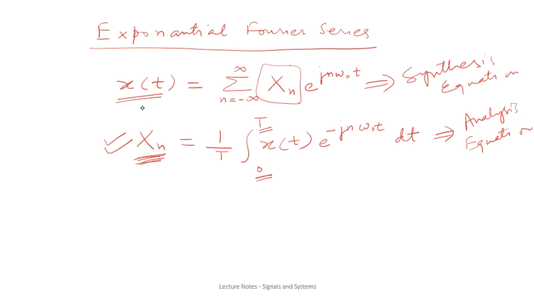The two forms of the Fourier series, the trigonometric Fourier series and the exponential Fourier series, also have a relation with each other. You can obtain one form from the other by using the relations which exist between the coefficients of these Fourier series.